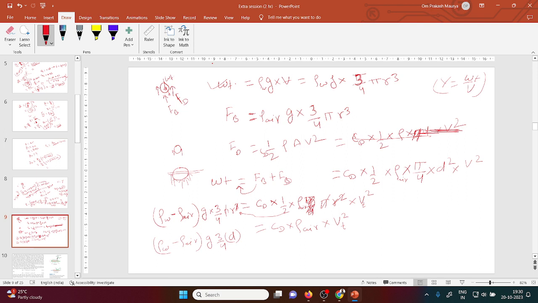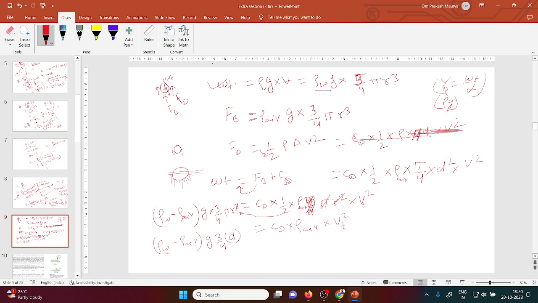And unit weight means your rho g. Here only I have written these things, rho g and your volume. Volume is equal to the volume of a sphere, formula is 4 by 3 pi r cube. I think you are getting the weight part.